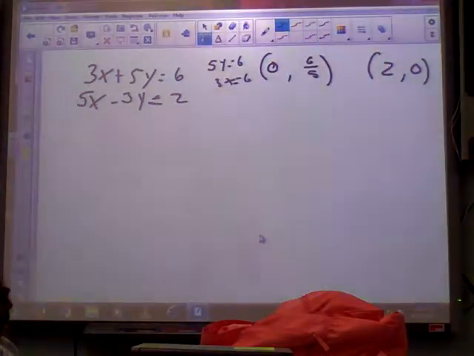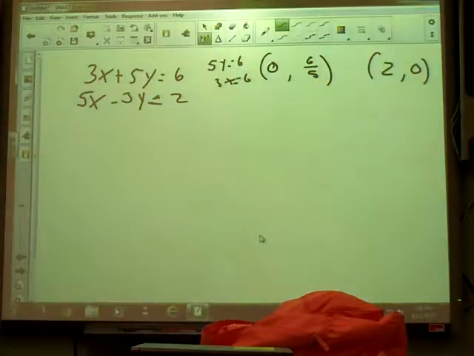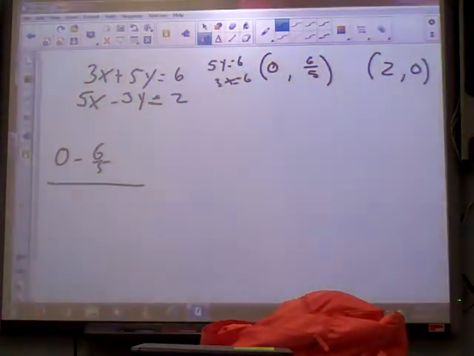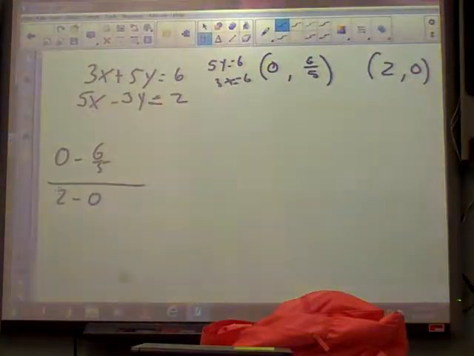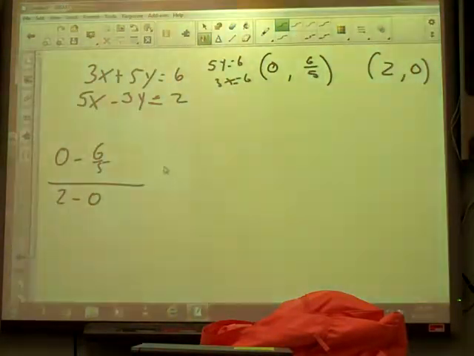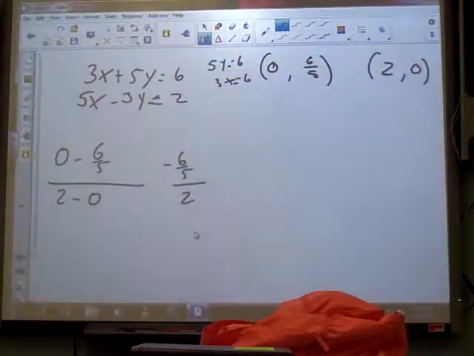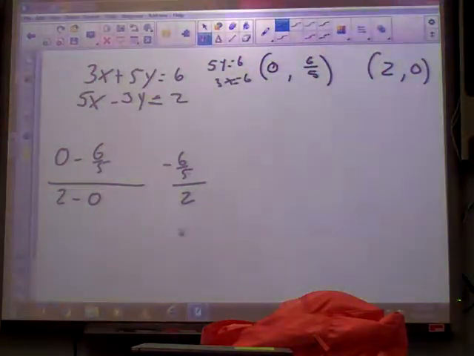Okay? So now I got to find the slope of that line. So I'm going to do y2 minus y1 over x2 minus x1. So I've got negative 6/5 over 2. Now I don't know about you, but that's craziness. We can't leave a fraction mixed together.